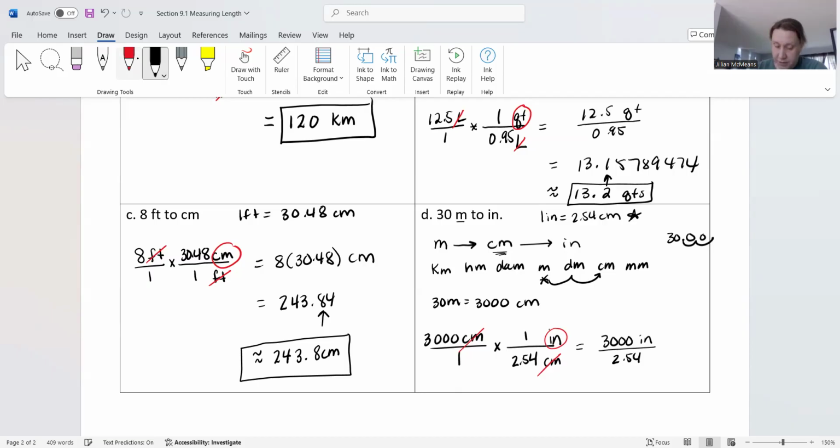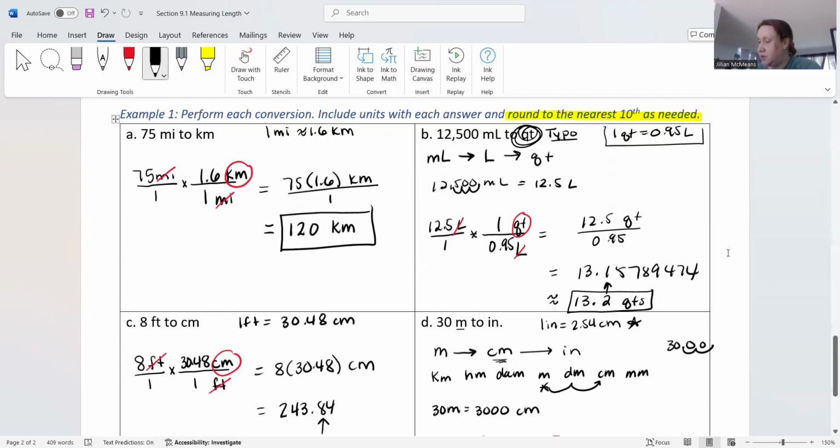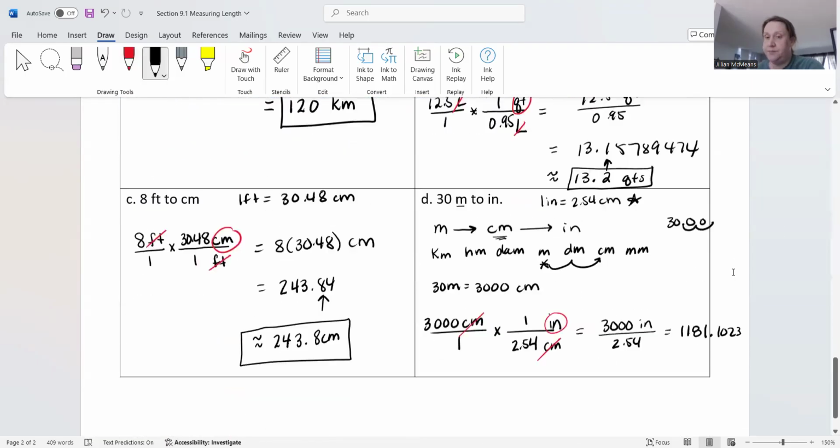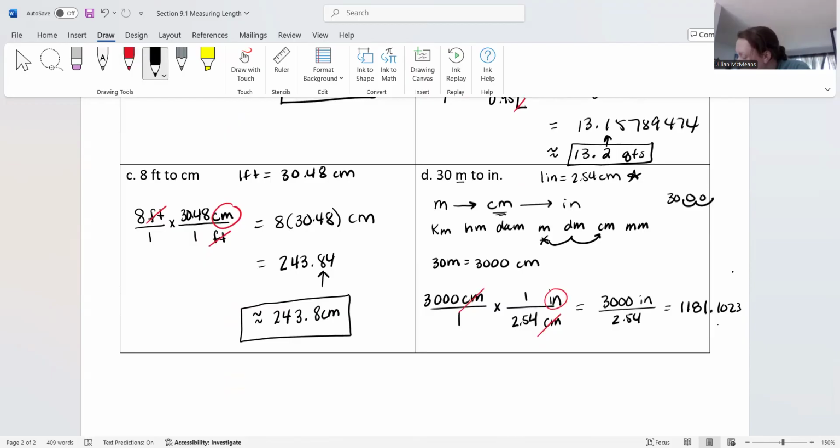And then on the calculator, we can divide. So 3,000 divided by 2.54 gives me 1181.1023, and so on. But remember, our directions told us to round to the nearest tenth as needed. So this 1 after the decimal is in the tenths place.